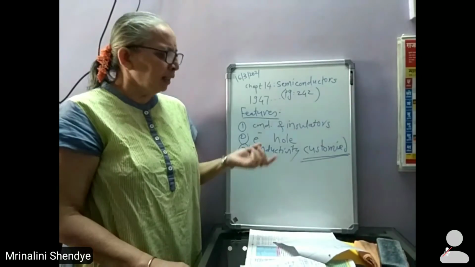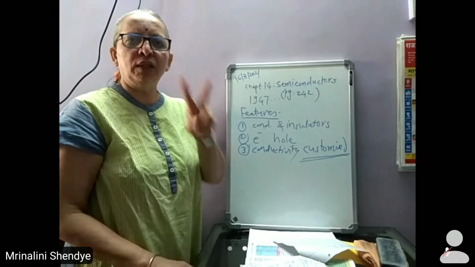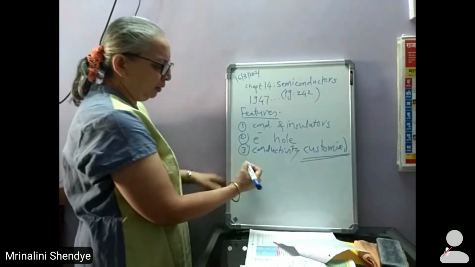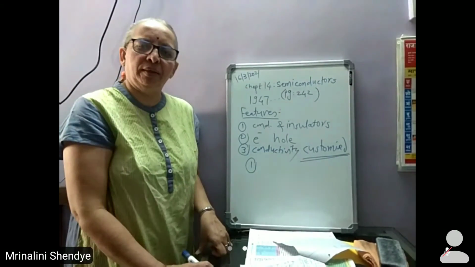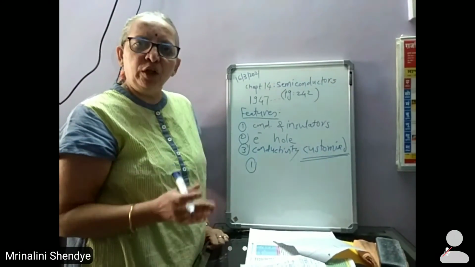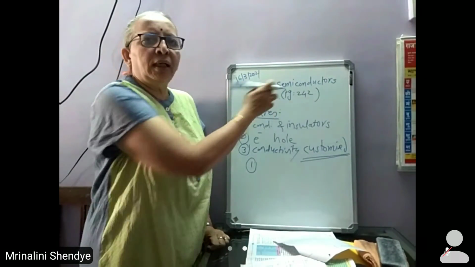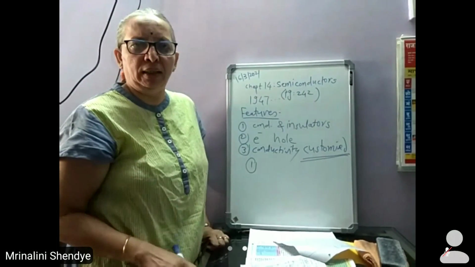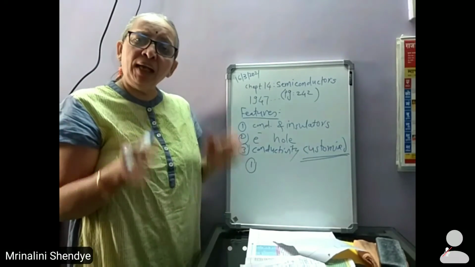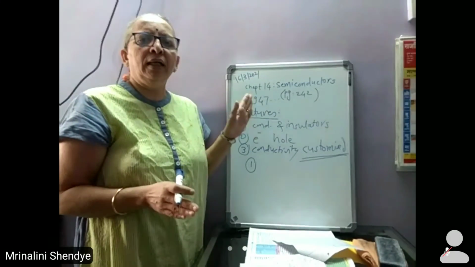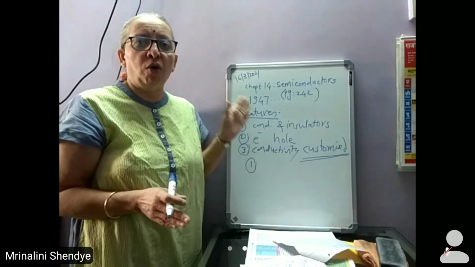The conductivity can be customized using two ways. Number 1, by changing its temperature. At absolute zero temperature, semiconductors behave as insulators. But if the temperature is increased, even at room temperature, their conductivity is not observed.